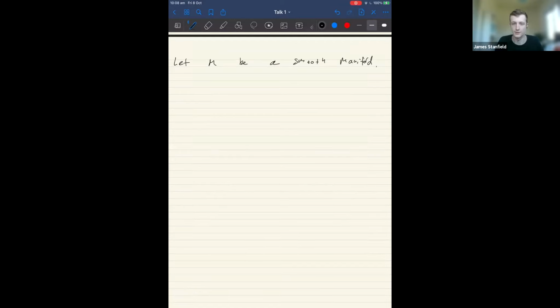If you don't know what it is, it probably suffices to think of a regular surface. Then we'll let TM denote the tangent bundle. So what is this? This is the disjoint union of all the tangent spaces.